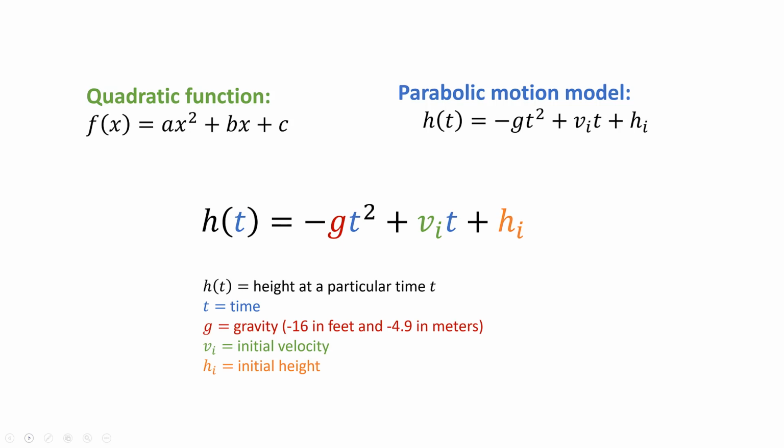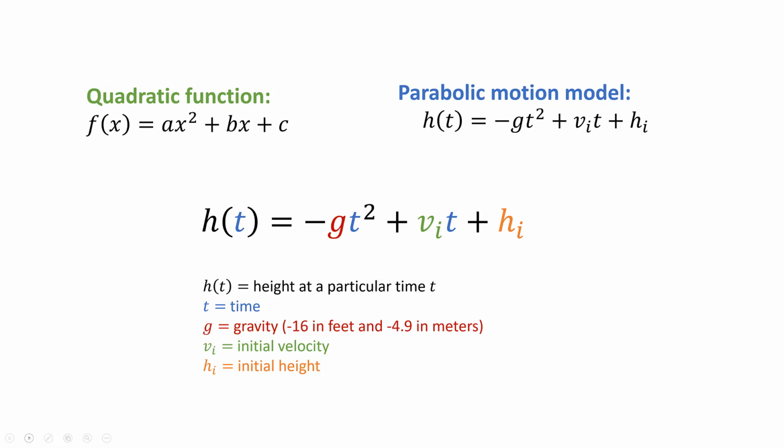H means height and T means time. So H of T means the height at a particular time. That means that we can use this function to calculate the height of the object after a certain amount of time after it was thrown into the air.